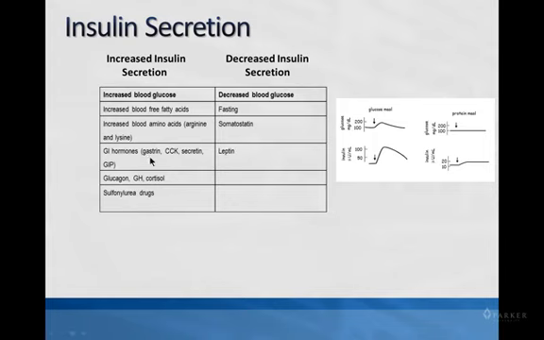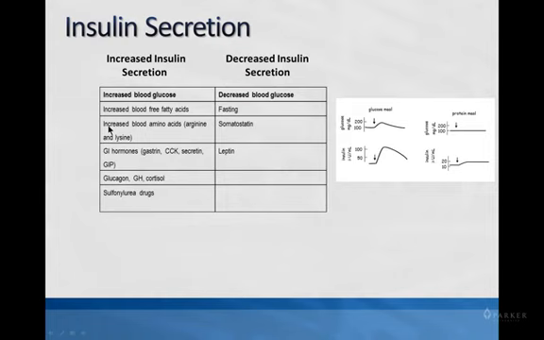If a major stimulus for insulin secretion is being fed, you just got fed. I don't care what you ate, you were fed. You're going to have more insulin. Well, think about when food's going through the GI tract and you have increased secretion of these, it's saying, okay, looks like we're in the process of digestion. I'm going to probably need some more insulin to be able to deal with the end products of digestion.